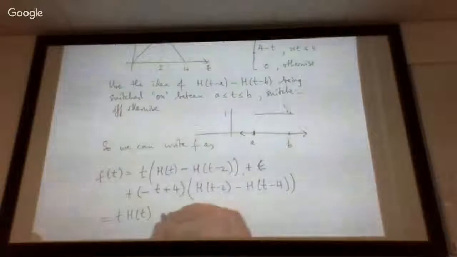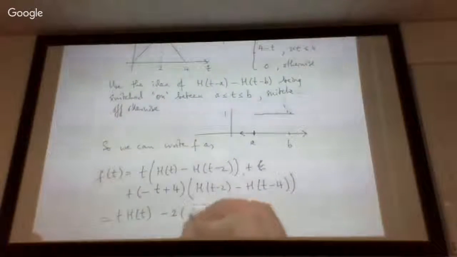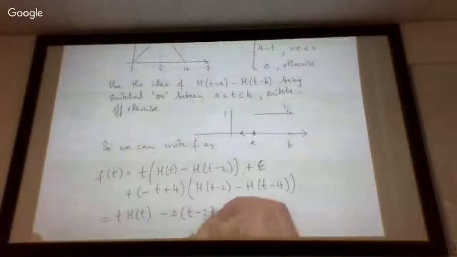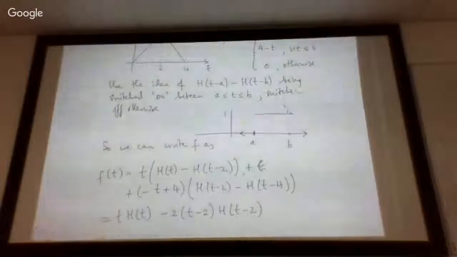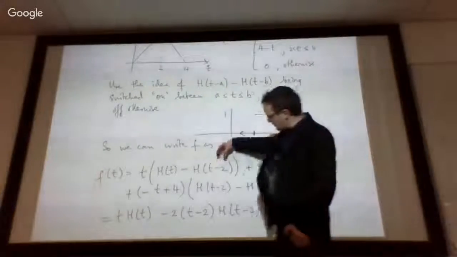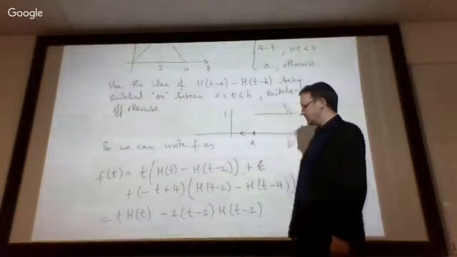But a nice way to write that would be minus 2 times t minus 2 times the Heaviside t minus 2. So we take out that factor of minus 2 out of the coefficient of h of t minus 2 here.